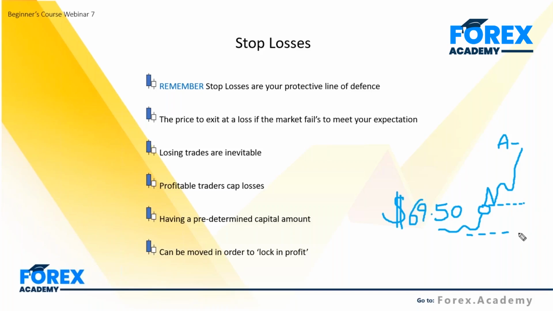So alternatively, what you could look to do, okay, we'll change color here and we'll call that SL1. The market, as you see, has moved up. So what we could look to do is use this last corrective low here and effectively look to book in some profit. And again, we'll call that SL2. Okay, so the market is at point A right now.